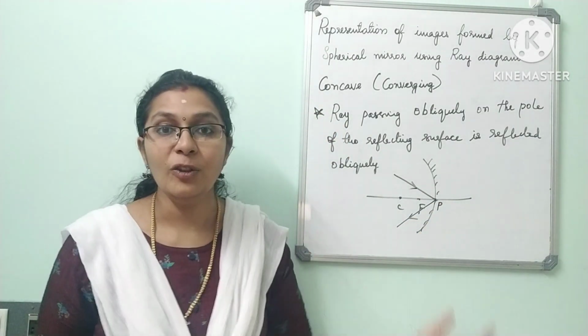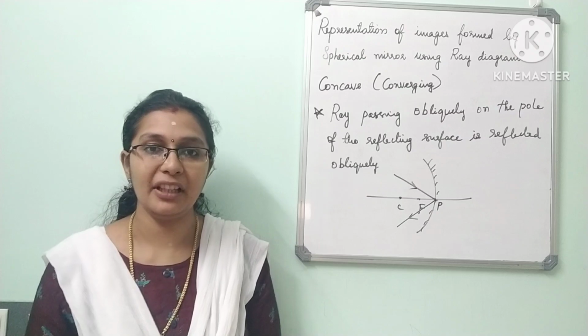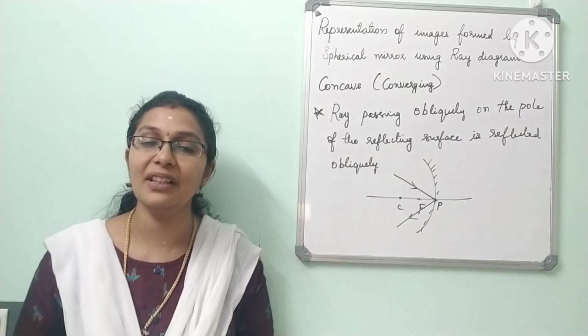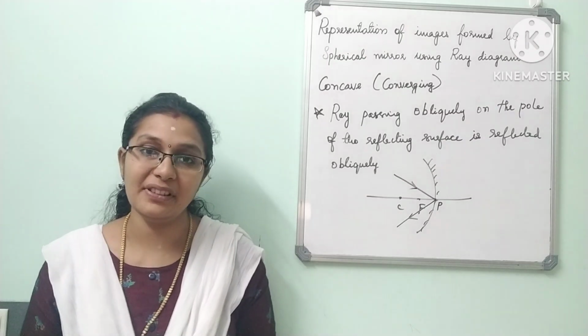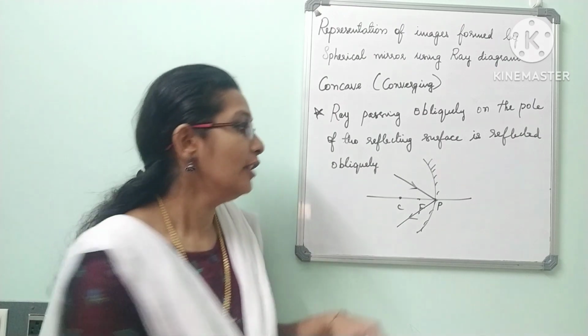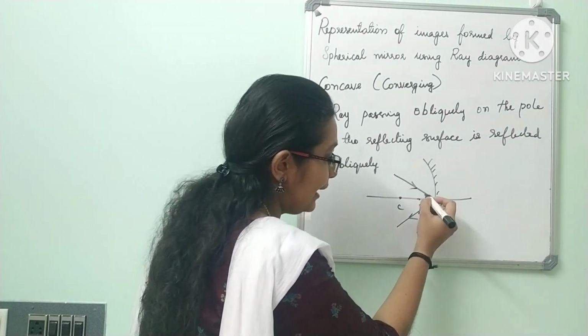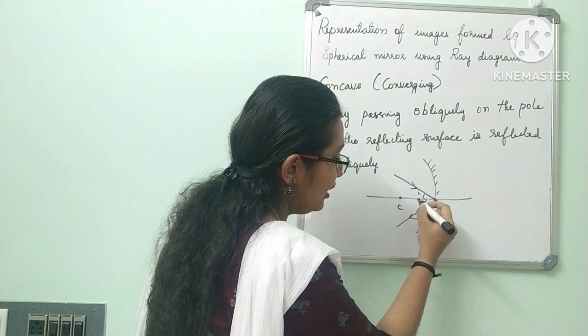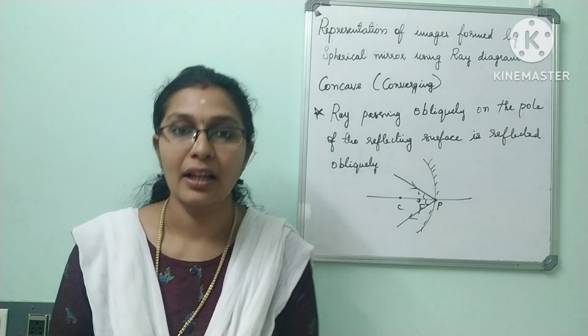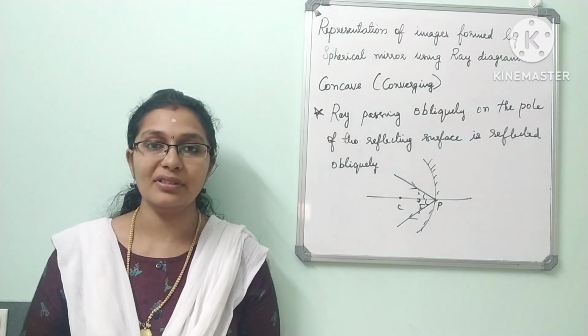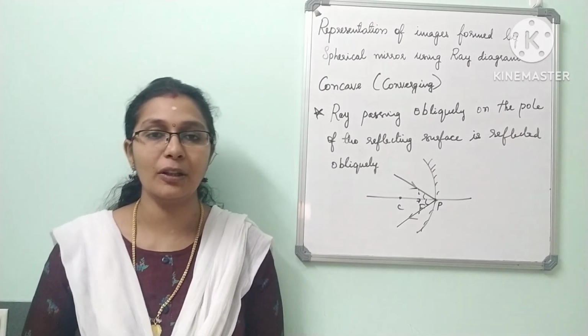Now it follows the laws of reflection. You know the laws of reflection, right? First law, what does it say? The angle of incidence is equal to the angle of reflection. So whatever angle it makes here, the same angle it makes here. This is what the fourth rule is. So I think you are all clear with all the four rules.